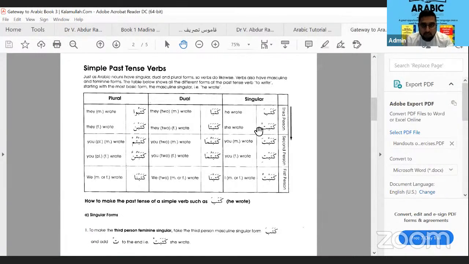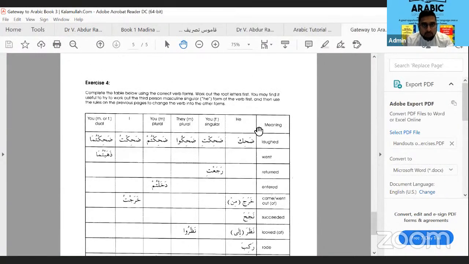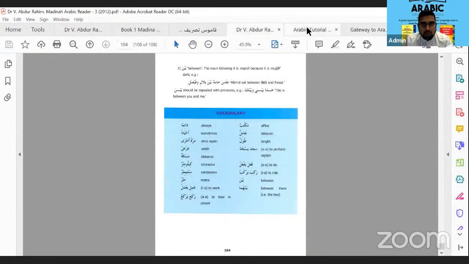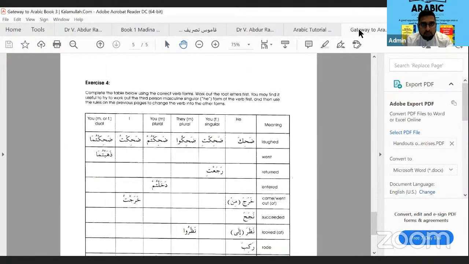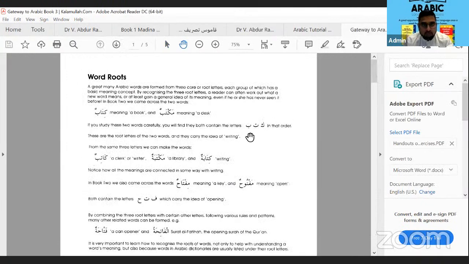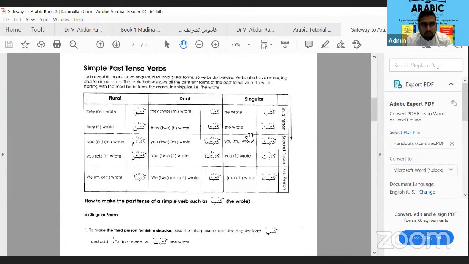So here is the template. Kataba. I want you to do darasa on the same pattern. So darasa means he studied. Go ahead.